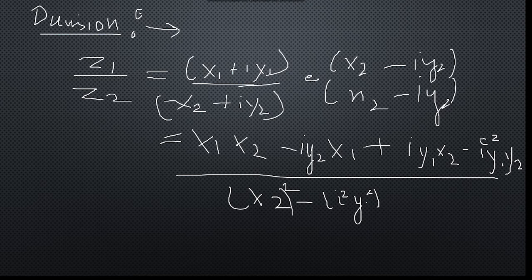So in the denominator, what we get is x2 square plus y2 square.